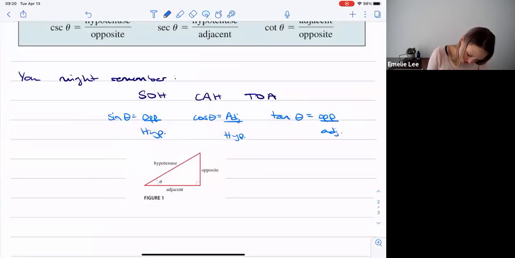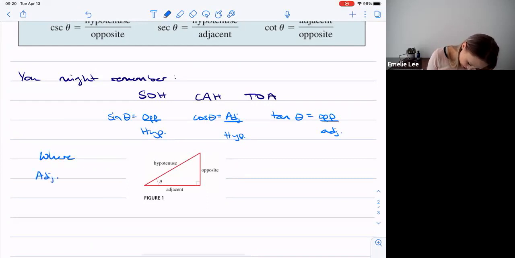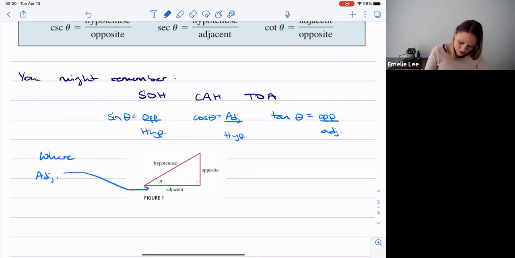So where adjacent, in terms of this angle, right? So in a triangle, there are 3 angles, and we're going to assume that one of them is always 90 degrees, because we're talking about right triangles and right angles. So here, that one is cleared up.